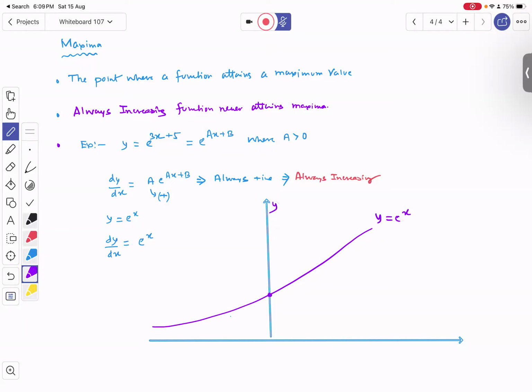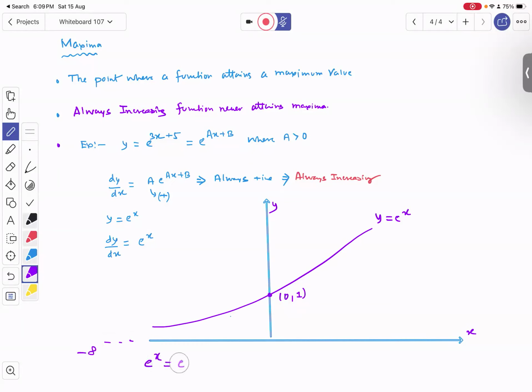It cuts the y-axis where x is 0. Where x is 0, what is the value of y? 0, comma 1.